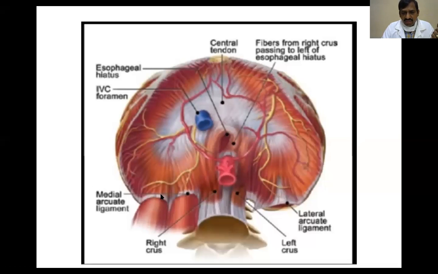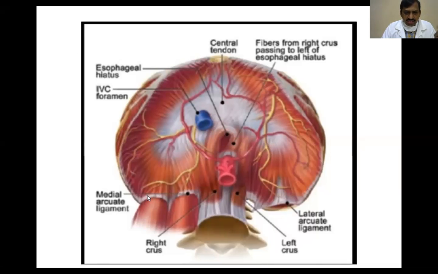The thickening of the psoas fascia takes part in the formation of the medial arcuate ligament. It is providing origin to the fibers of the diaphragm. Medially it is attached to the body of L1 or L2, and laterally it is attached to the tip of the transverse process of L1. Okay, this is the medial arcuate ligament.